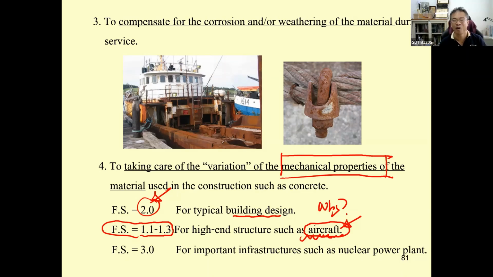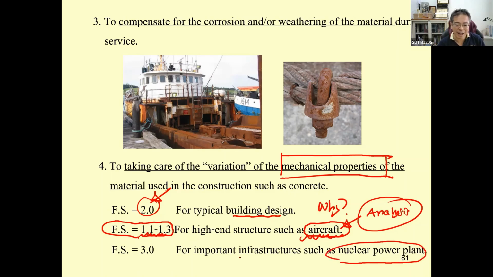So Boeing must develop very good analysis methods in order to simulate the aircraft close to the real extreme situation and use a smaller factor of safety to build the aircraft. And if the structure is important, like some infrastructure, a nuclear power plant, those kinds of things, the factor of safety can be bigger, like 3.0. So it depends on the judgment of the engineer.